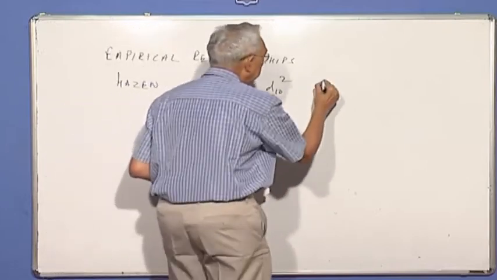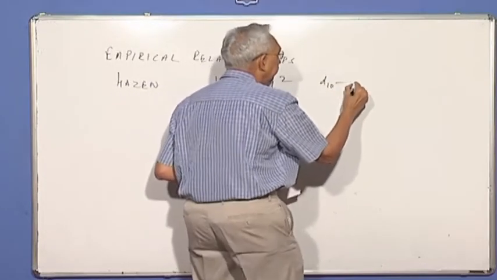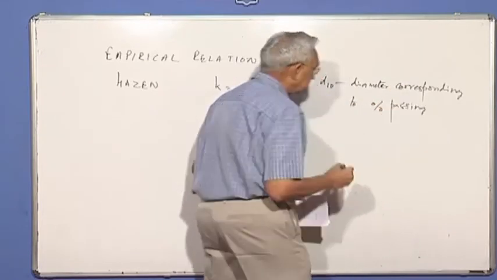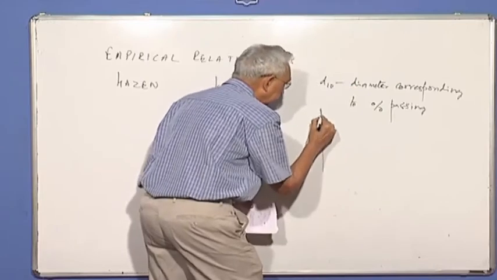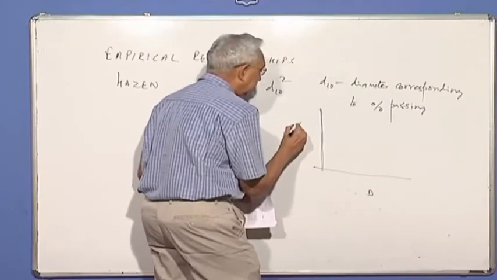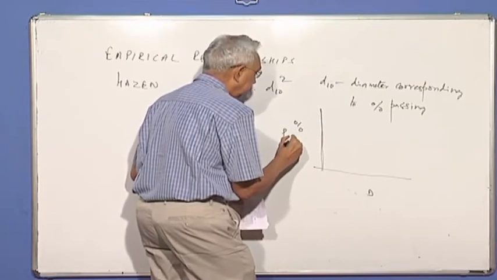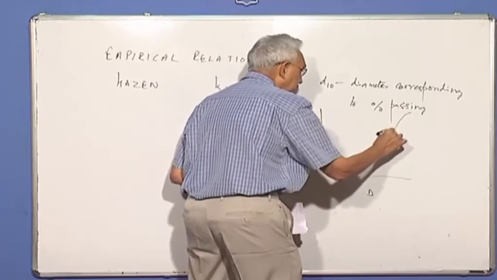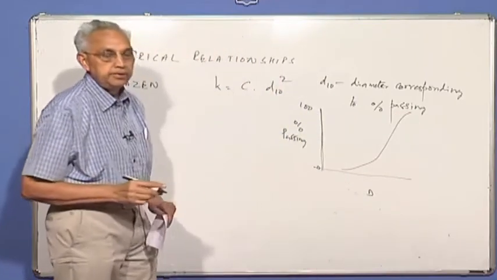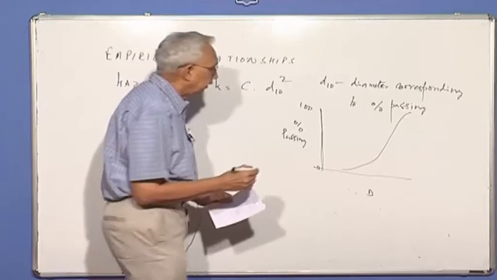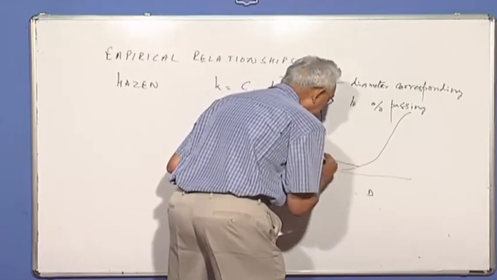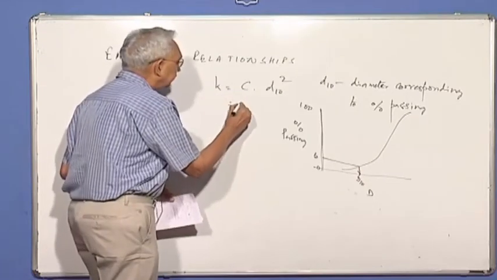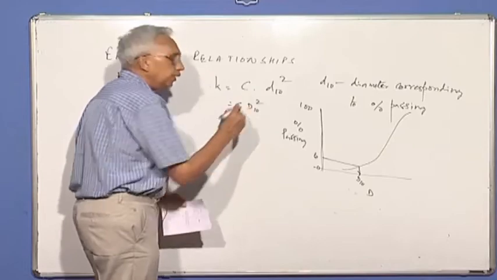You remember we talked about D10, the diameter corresponding to 10% passing. So if I have a grain size distribution, here I am plotting D and percentage passing, or finer they call, goes from 0 to 100. And let's say for the soil you are investigating, you have found out the grain size distribution. Now let's look at this 10% point and get what is called D10. You can use either a small d or capital D. It doesn't matter.